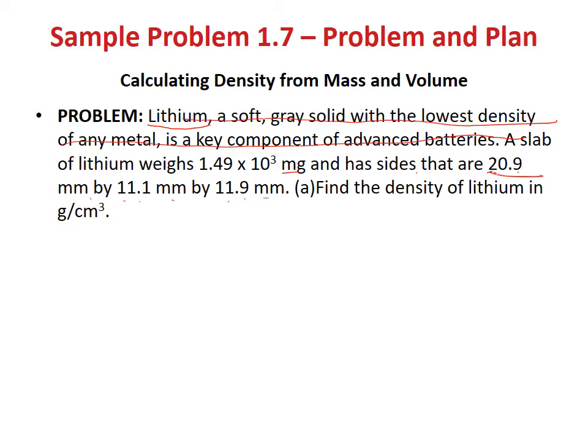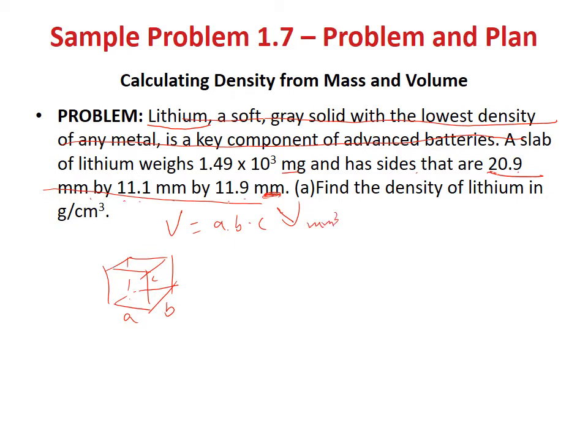So this gives you the size. If you have sides A, B, C, then we can calculate the volume. It is A times B times C. So this allows you to calculate volume in cubic millimeter.